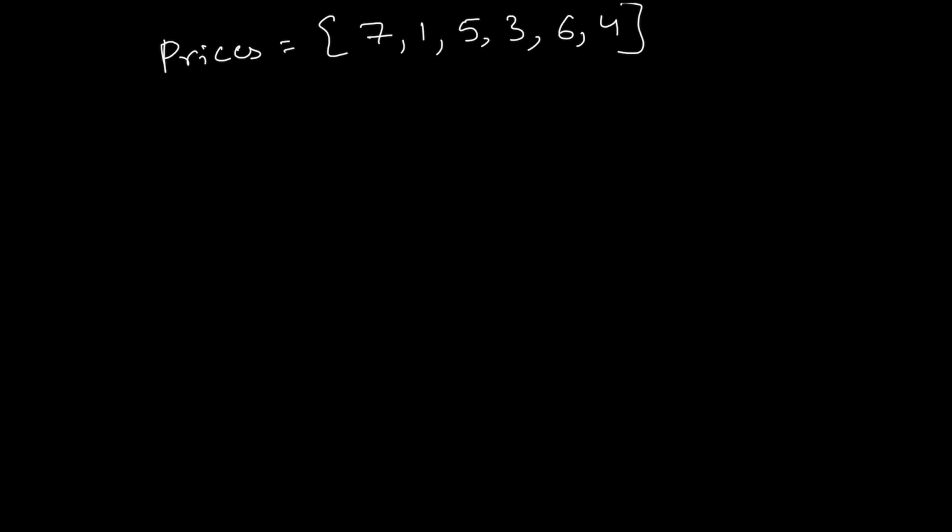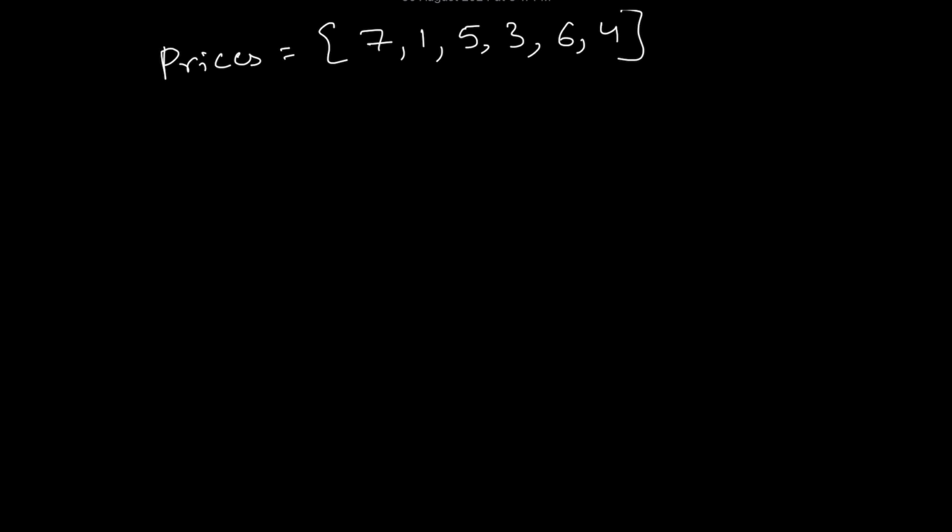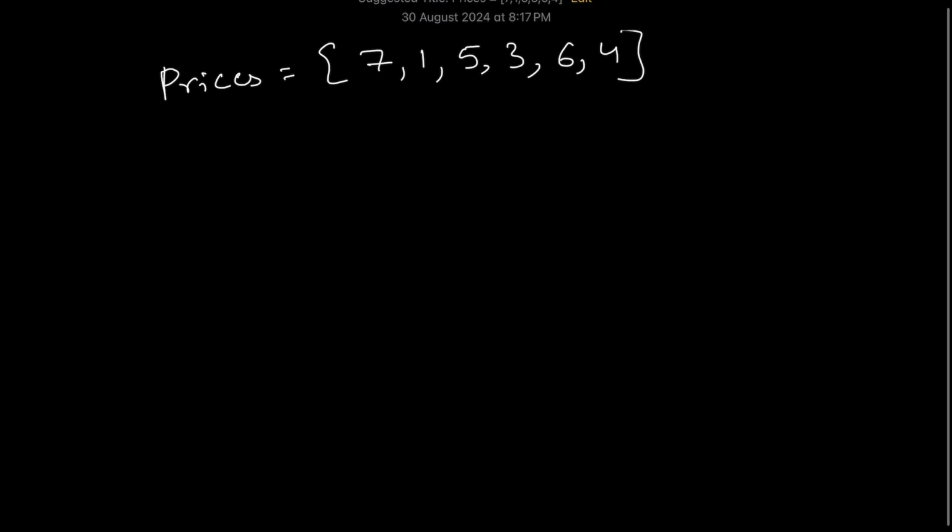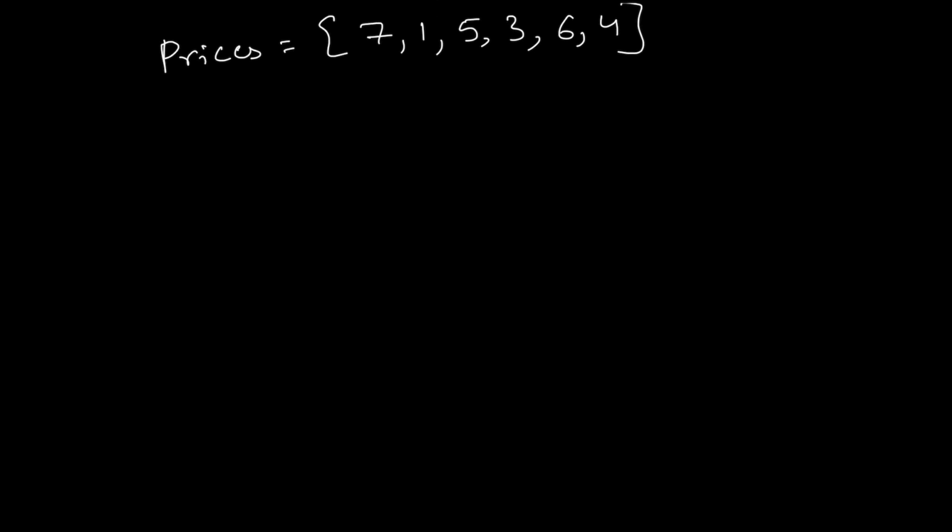Okay, so now we will work out the optimized solution so as to decrease the time complexity to O of n. In order to decrease time complexity, we need to remove the inner loop which was there. What was the inner loop doing? It was trying to find out the best selling price for a particular buy price.